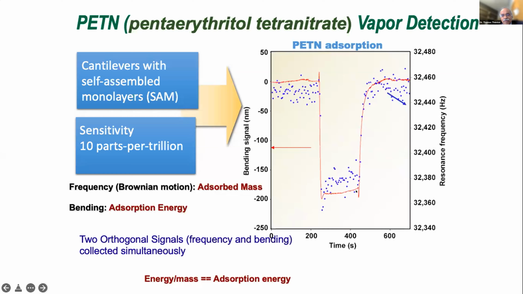We turn off the PETN and it returns back. These blue dots are the Brownian motion of the cantilever, the resonance frequency that is shown here. So this bending is due to the change in surface energy of the cantilever due to molecular adsorption, while the blue dots are the mass variation due to adsorption. So these are two orthogonal pieces of information that come at the same time.